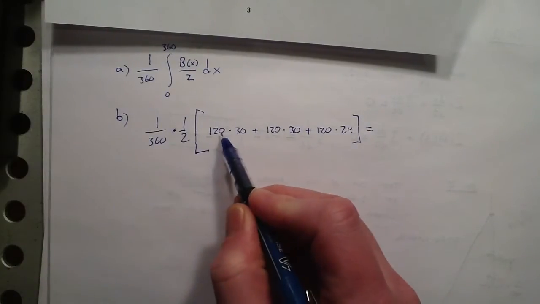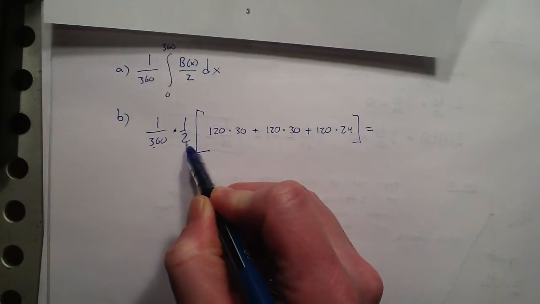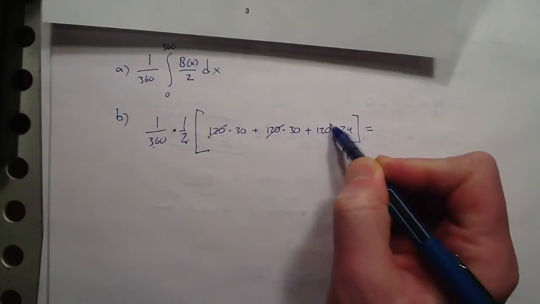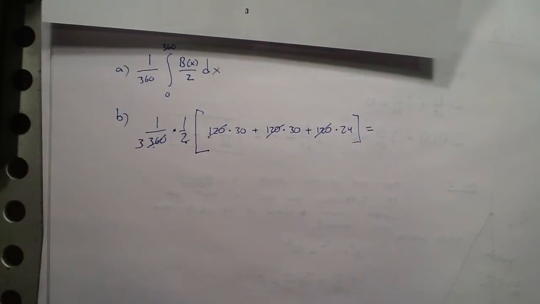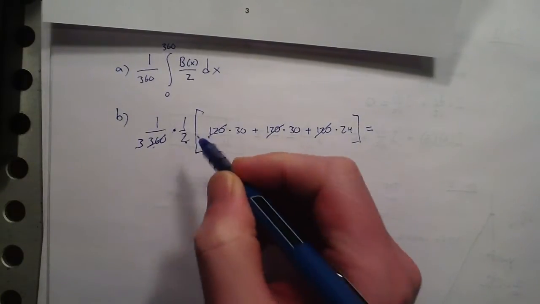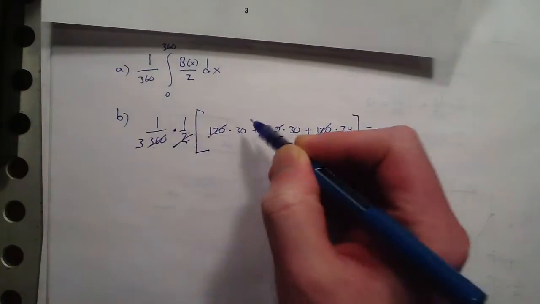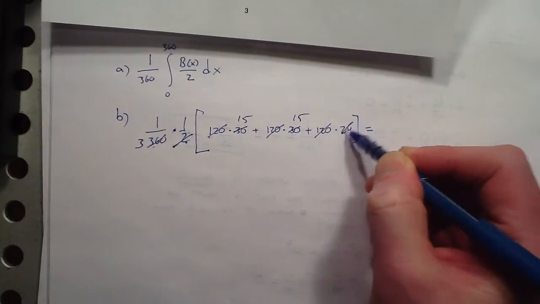So I've got 120, 360 times 2. If I factor out the 120s with the 360, there's a 3 here, right? 120 goes into 360 3 times. And then if I multiply the 2 through, that would make these numbers a little bit easier to deal with. 1/2 of this is 15, 15, 12.